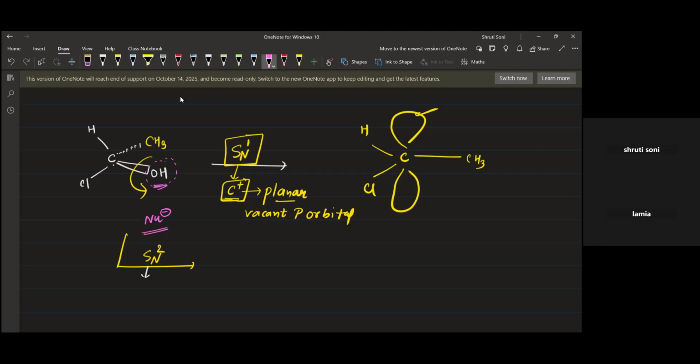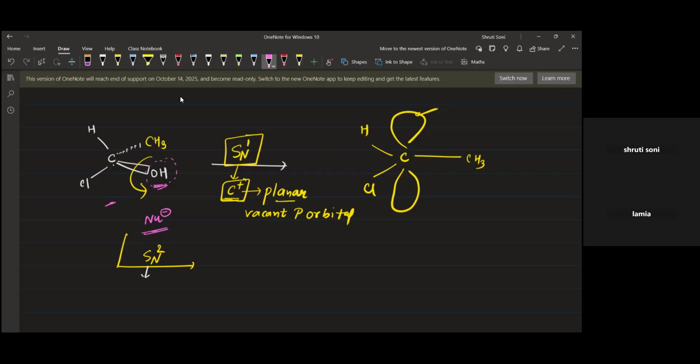For SN2? So, yes, in SN2. From which direction will this nucleophile attack in this given compound? SN2, yes, backside, right? Backside, absolutely.